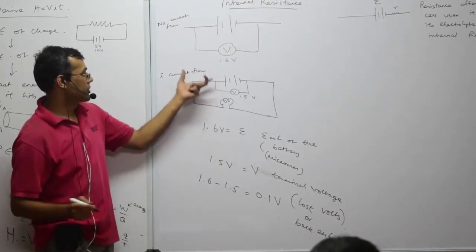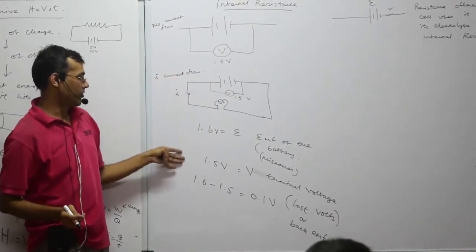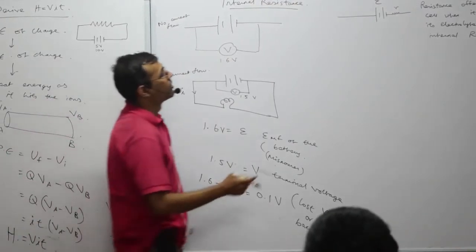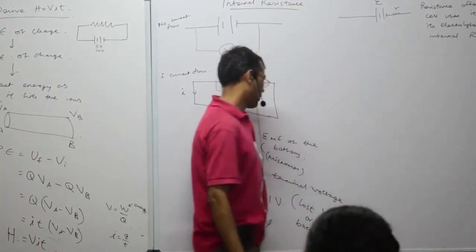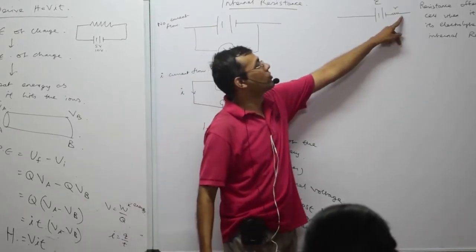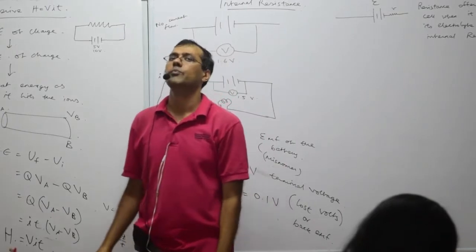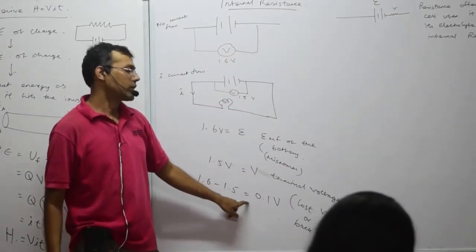This is the example which I showed you here, so I think this will make more sense. 1.6 versus 1.5, so the difference is 0.1. But where did that voltage get lost? Because it has to flow through this internal resistance. We are talking about this in terms of voltage.